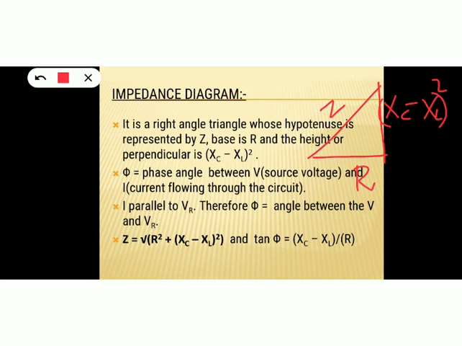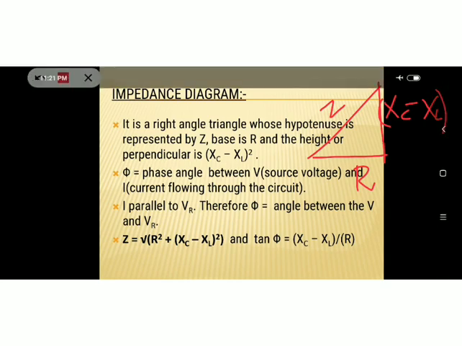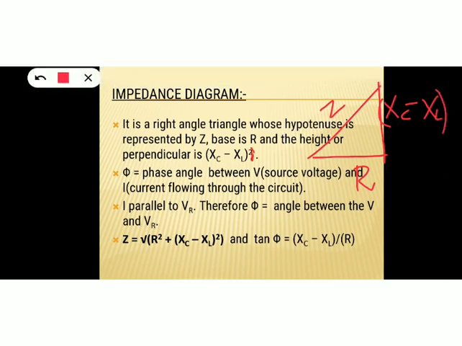Actually it is not XC minus XL whole square, it is just XC minus XL. This is the mistake that was there, just correct it.